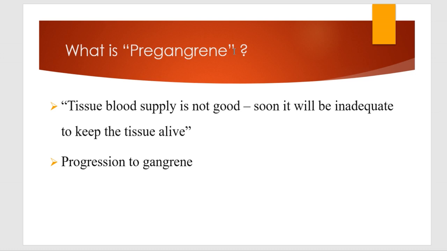So pre-gangrene means at present the blood supply is maintaining, but very soon it will be inadequate to keep the tissue alive. And usually this pre-gangrene stage runs over towards the gangrenous stage.